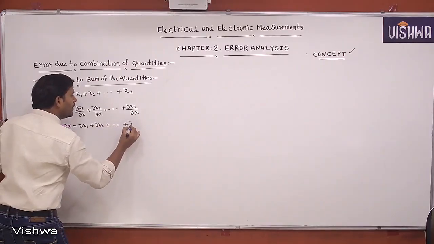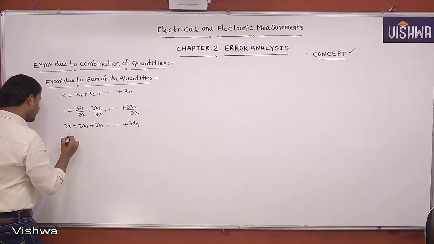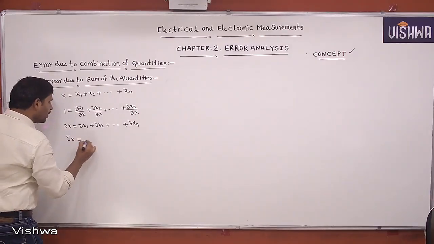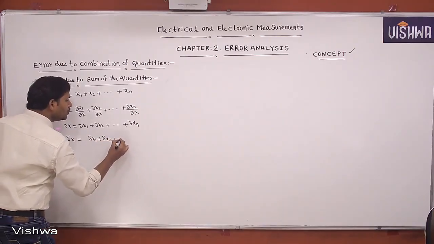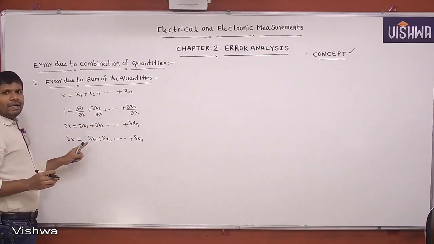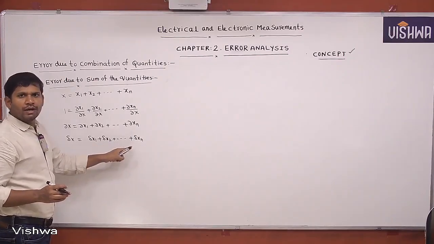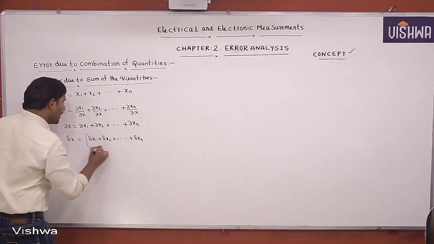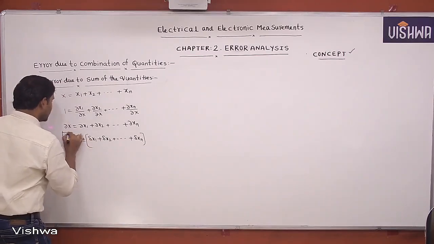You know that the partial differential is a very small value, so instead of dou you take delta. Then delta x equals delta x1 plus delta x2 and so on plus delta xn. Delta x1 is the absolute error in x1, and so on up to xn. But the error may be plus or minus. This is the resultant.